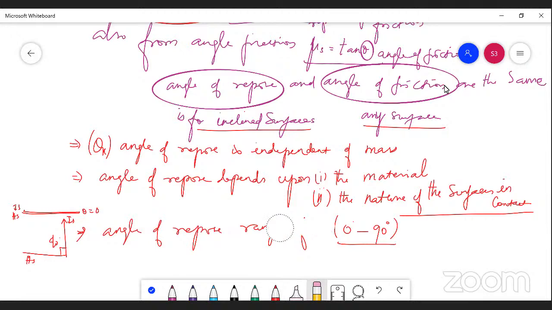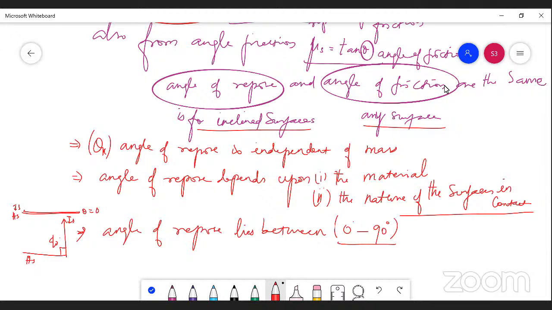So the angle of repose lies between 0 degree to 90 degree. This is all about angle of repose. The idea is quite simple. Angle of repose is nothing but the angle made by the inclined surface with respect to the horizontal surface such that the object placed over it begins to slide down.